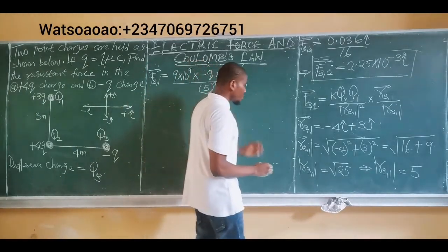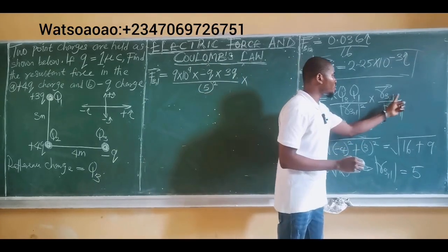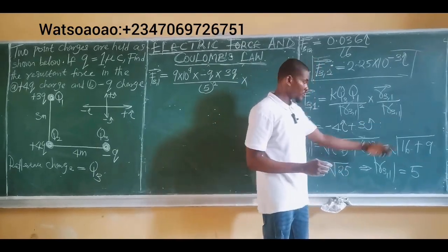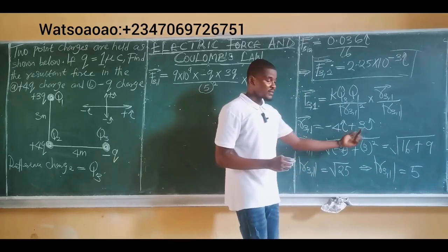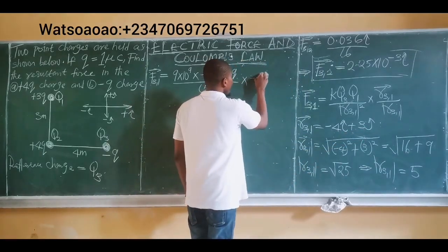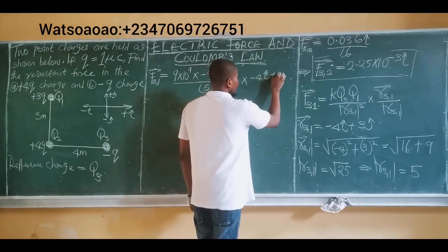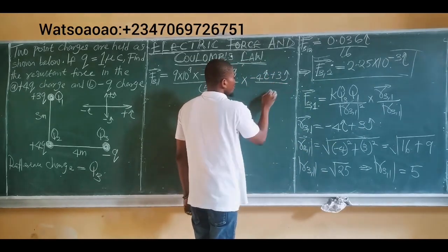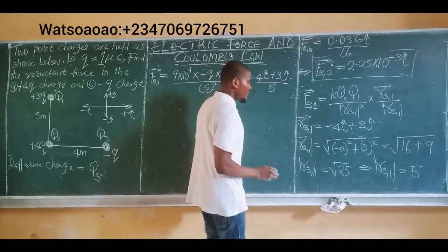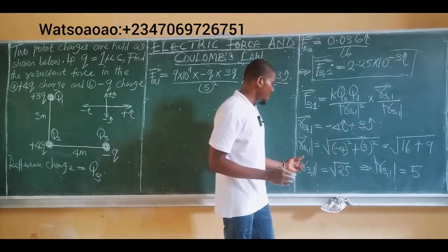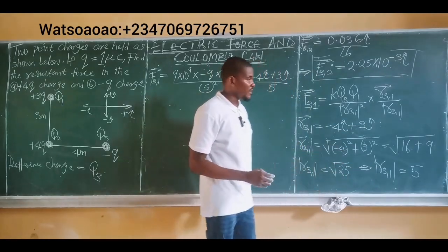Multiply this by the unit vector, and the unit vector is simply the position vector divided by the magnitude. The position vector is minus 4i plus 3j, all over the magnitude, which gave us 5.